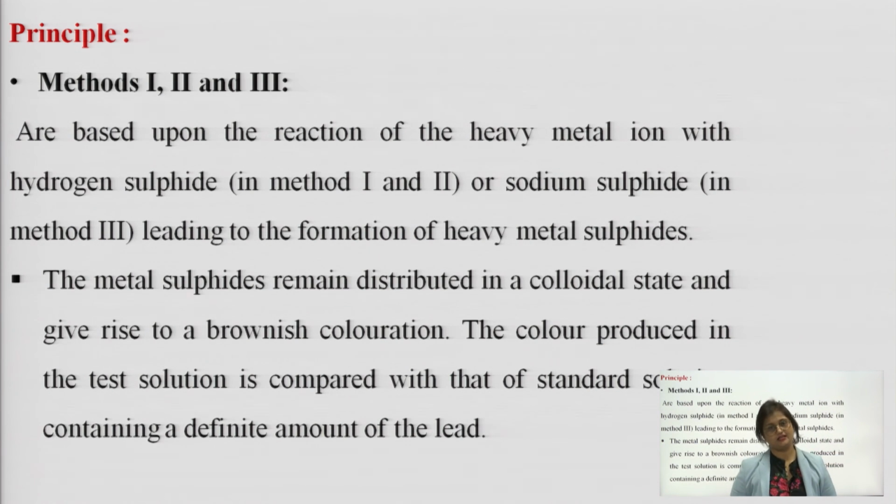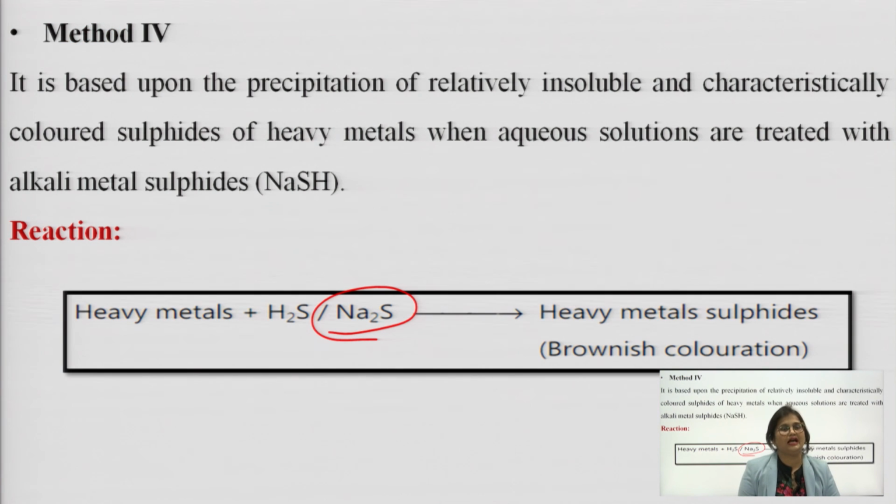Heavy metal sulfides are brown colored. So if our heavy metal forms a sulfide, then it gives a brown coloration.